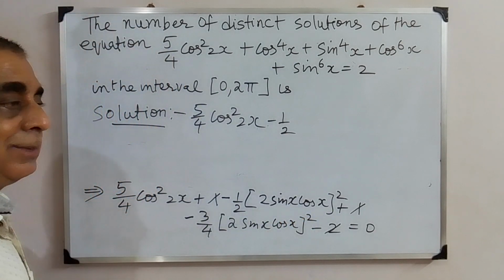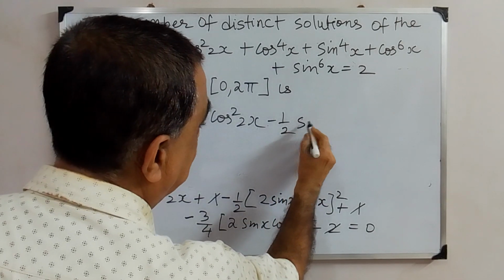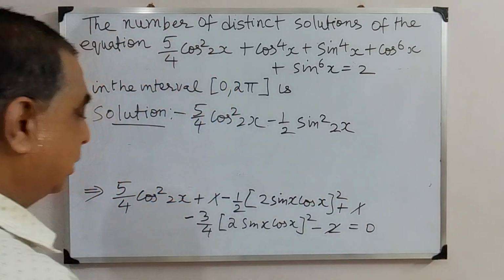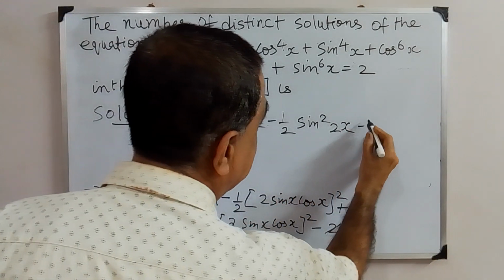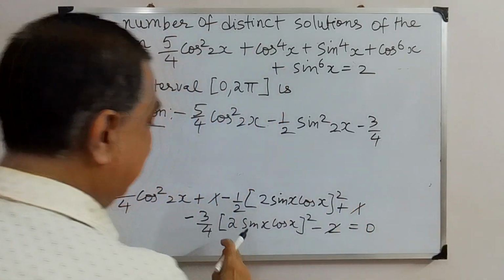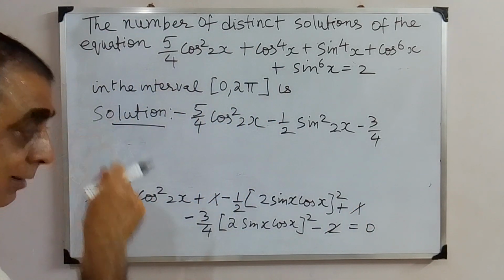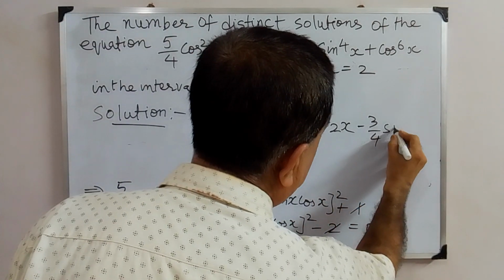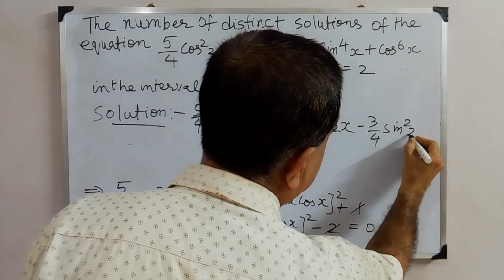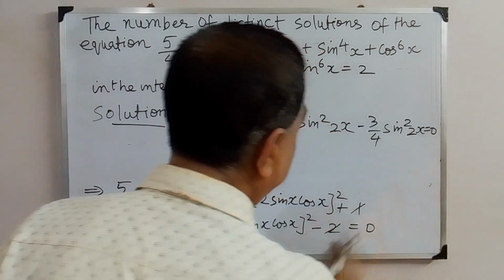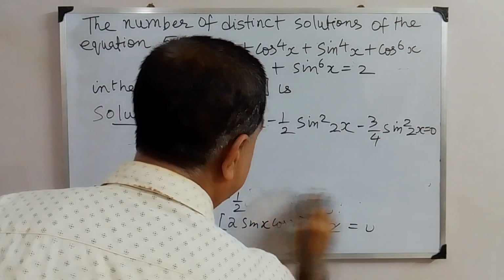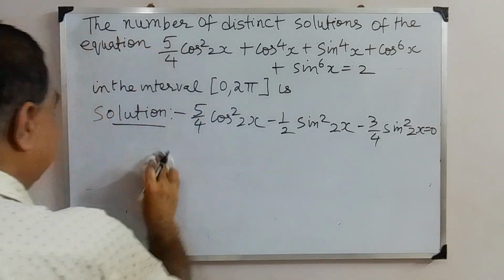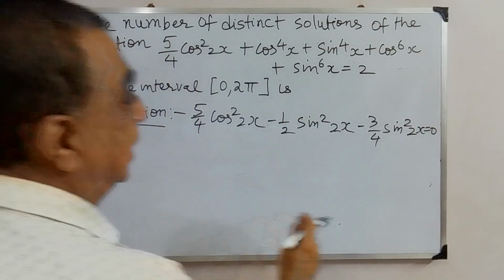So that is sin squared 2x, and minus 3 by 4, and 2 sin x cos x is sin 2x, so that is sin squared 2x, is equal to 0. Okay, so that is the solution. So this is simplified in this form. We have simplified it.